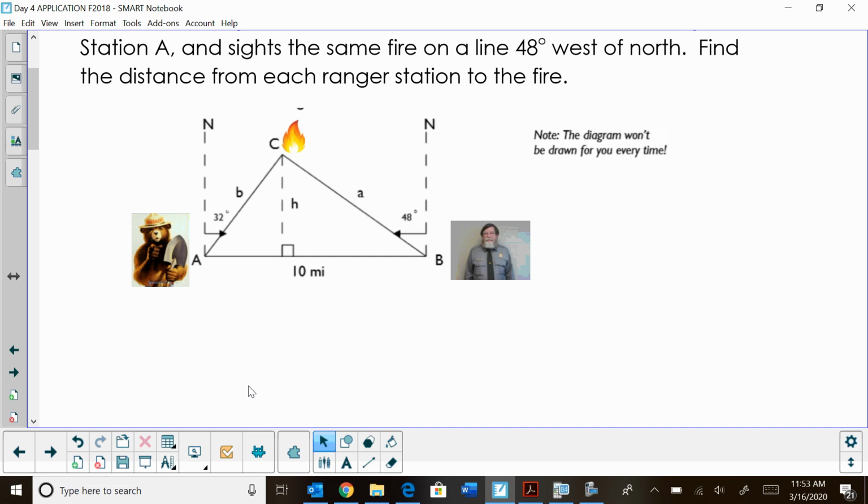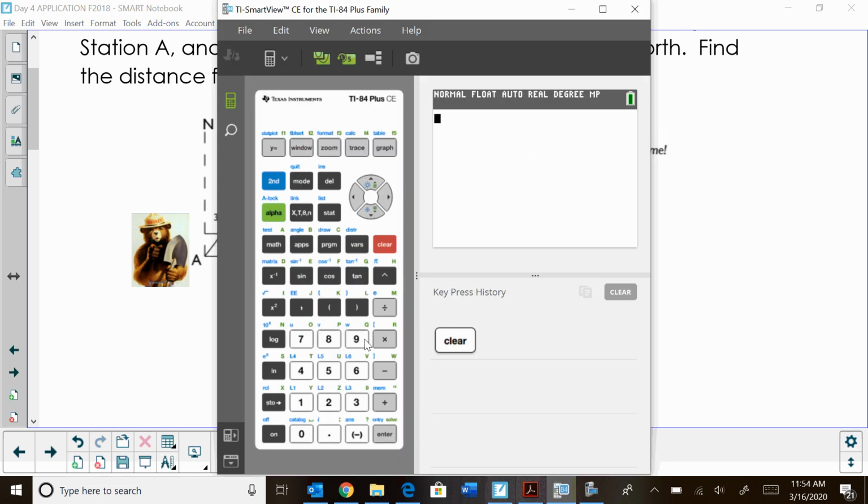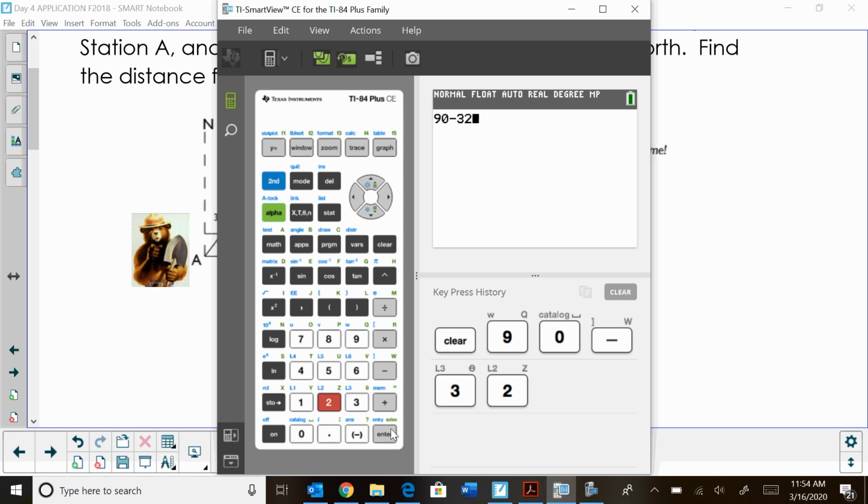So to set these up, we've got to look at our information. So we have 32 degrees here and we need to know this angle inside the triangle. We know that these two angles create a right angle, so they're complementary. So I'm just going to take 90 minus 32 and find that interior angle.